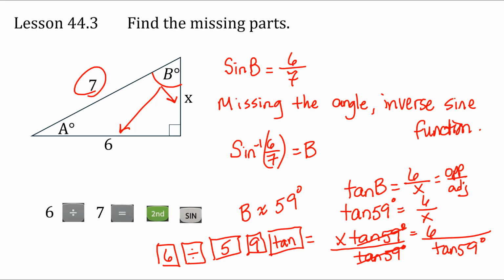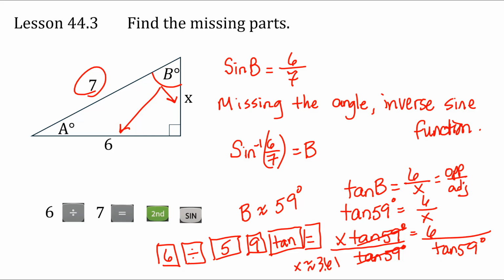So it's a little confusing, but you have to hit the equal sign at the end this time, because if you don't, all you will get is tangent 59. You have to tell the calculator to do the division. That's what the equals is telling it to do. So 6 divided by 59, tangent, equals, that's about 3.61 for X.